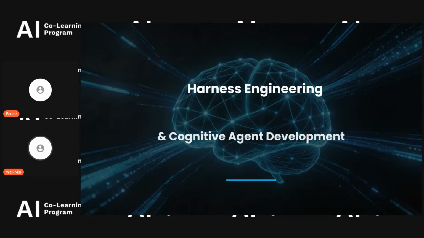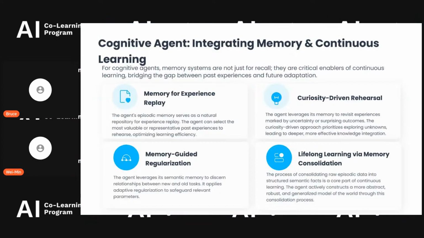Now let's turn to the currently very popular harness engineering. Why is this important? Because for cognitive agents, both memory and continuous learning capabilities are very important components for the agent to adapt and self-improve. The memory and continuous learning are tied very closely in this process.